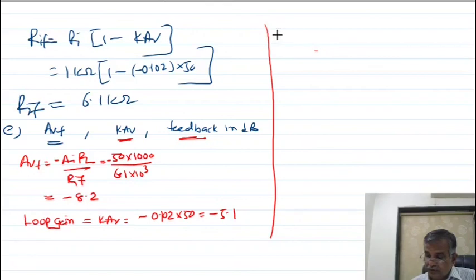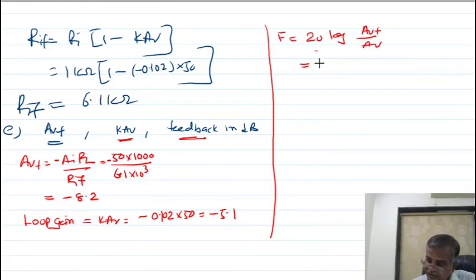And the last thing, feedback in decibel. So 20 log 1 upon 1 minus KV, or I can write AVF upon AV. So it is 20 log. AVF is about 8.2, minus 8.2. What is AV? Minus 50. Look here, previous page.